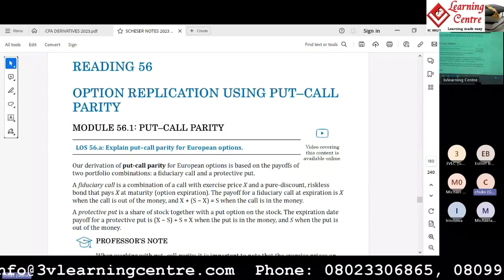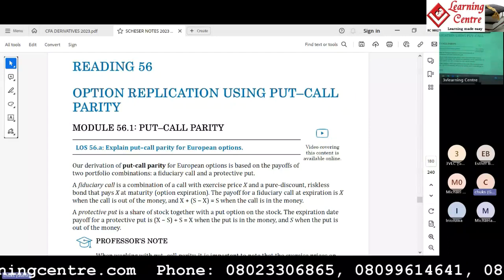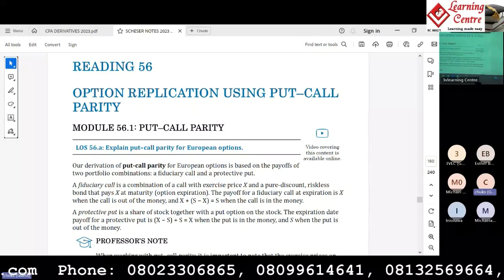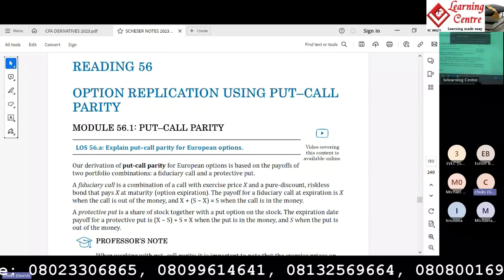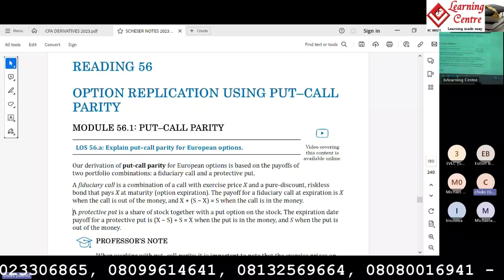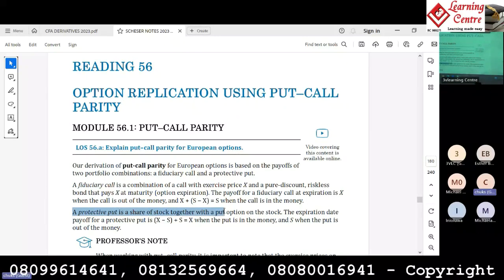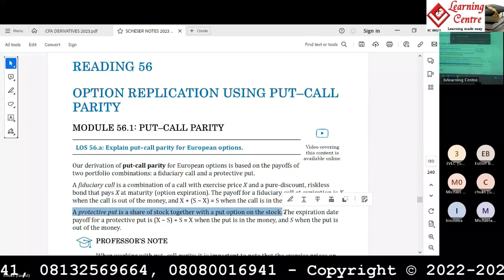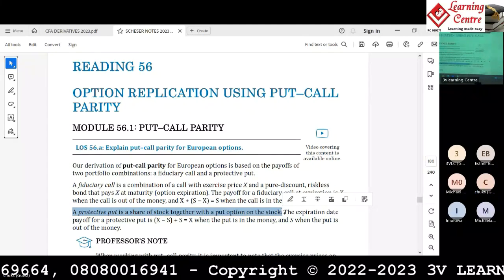So that in 3 years' time, if in the market the car is now worth 600K, I've protected its value by going into this put contract to sell the car for 900K. So that's what this is saying here. The protective put is a share of stock together with a put option on the stock.